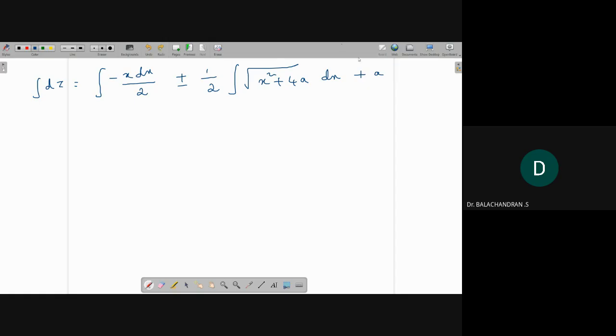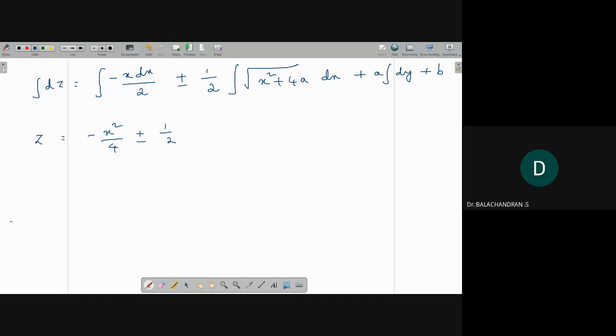A integration dy plus some constant b. If you integrate, you will get minus x square by 2 into 2, that is 4, plus or minus. Here I am going to use the formula.